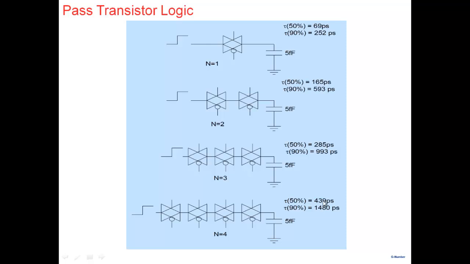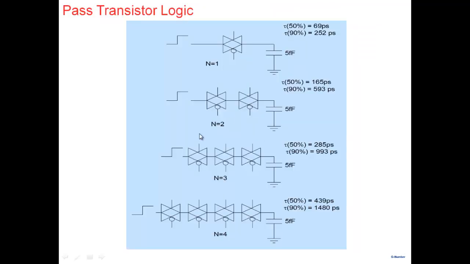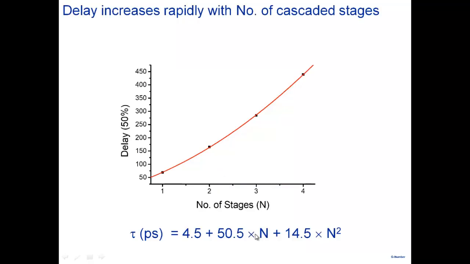The delay is not linearly increasing with the number of pass transistors that are there. If I plot delay, the delay increases rapidly with the number of cascaded stages here. The delay has an n-square component also. So there is a constant part, of course, some intrinsic delays and all that. Then delay increases with the number of pass transistors in my network, and also increases as an n-square.